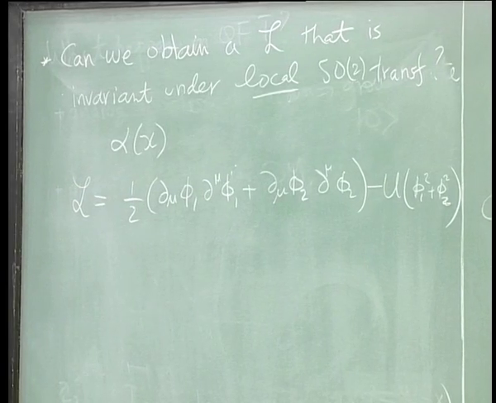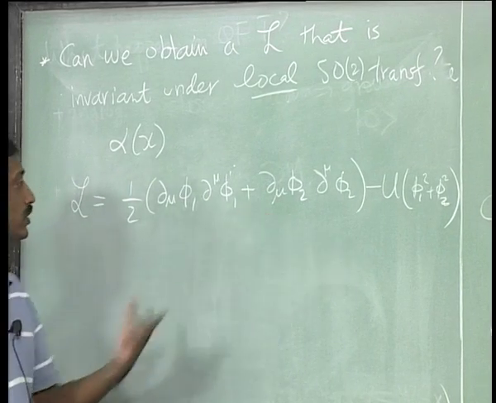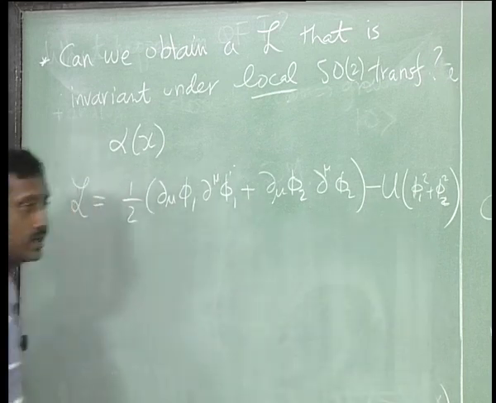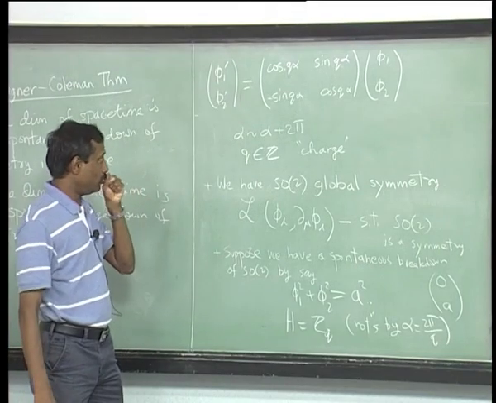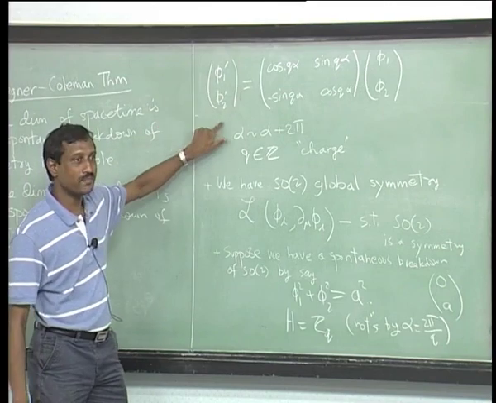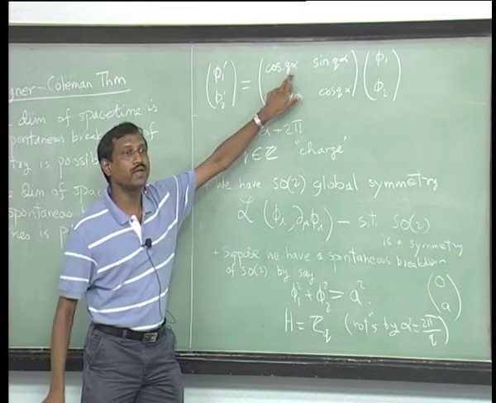So first, we go back to the same transformation and ask what happens if we look at the one with phi prime, but alpha now dependent on x.